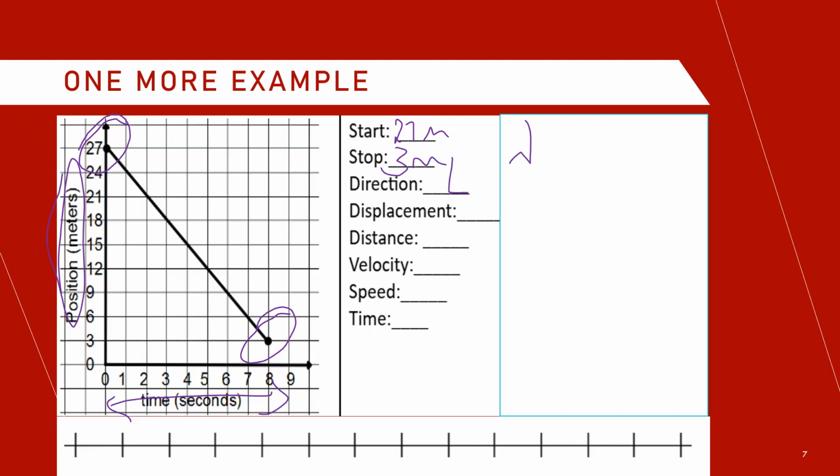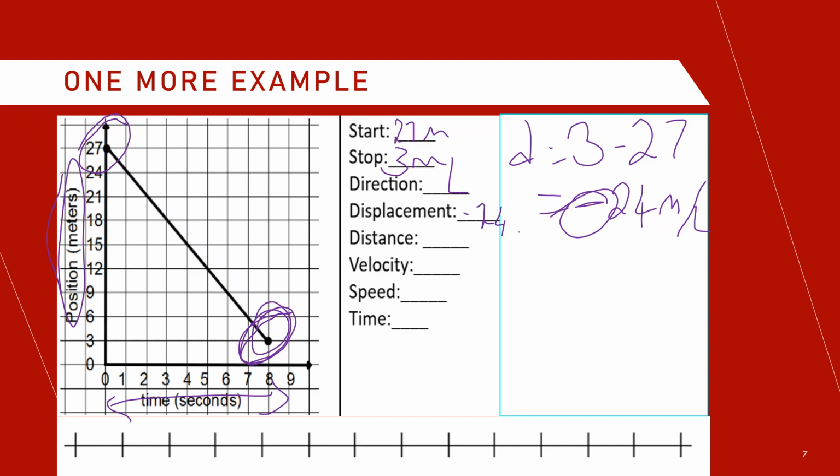My displacement is equal to the final position, which is 3, minus the initial position, which is 27. That is equal to minus 24 meters to the left. So we are going in the negative direction or backwards, minus 24 meters.